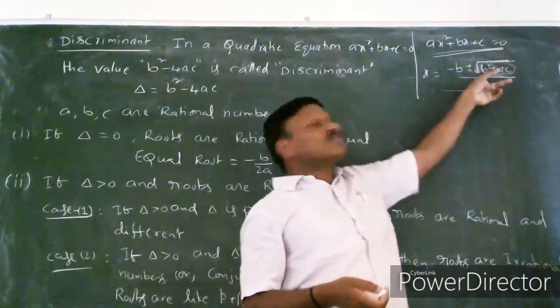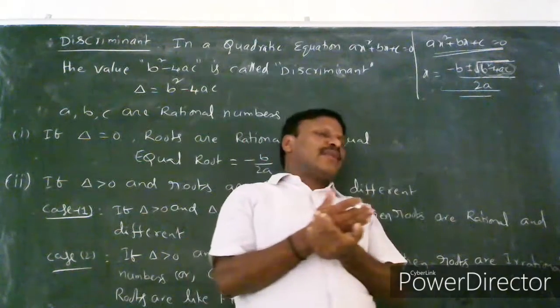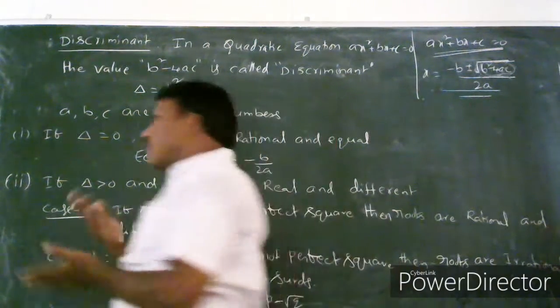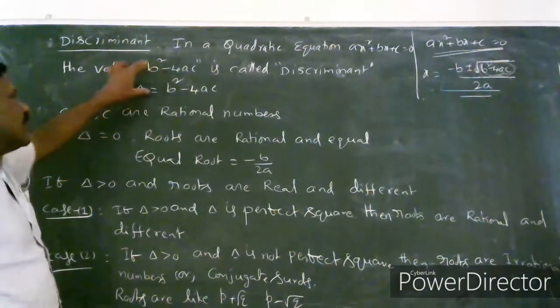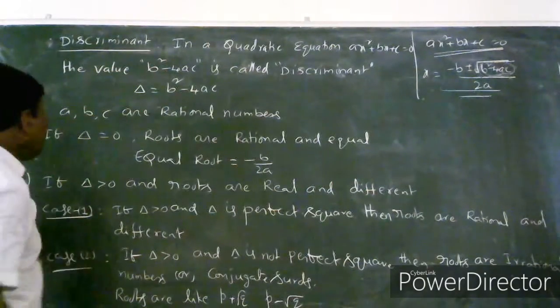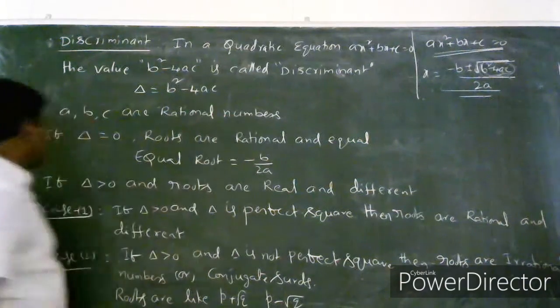So based on the value of b square minus 4ac, we discuss the nature of the roots. So b square minus 4ac is called the discriminant or analyzer of the roots. Here a, b, c are rational numbers.